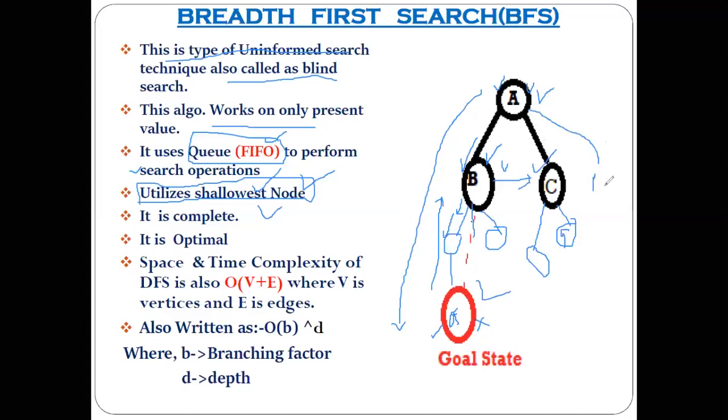Here also consider there is a D. So in case of the breadth first search, after the B, you go to the C, correct? Then after the C, you have to go to D. That is nothing but called the breadth first search. Understood?